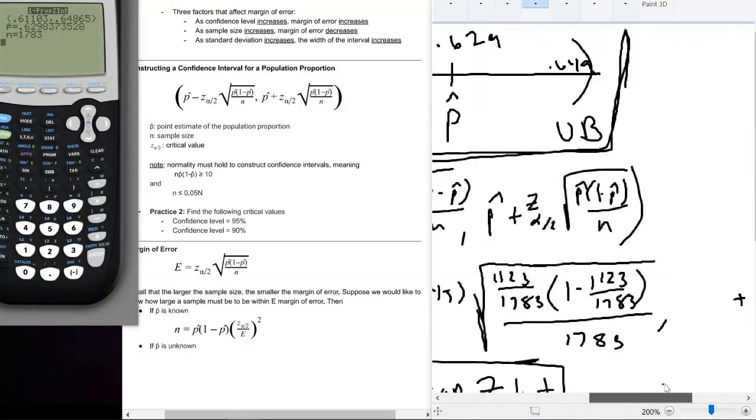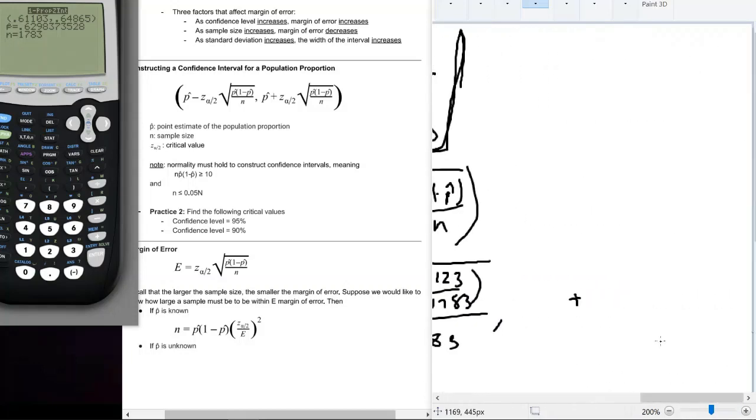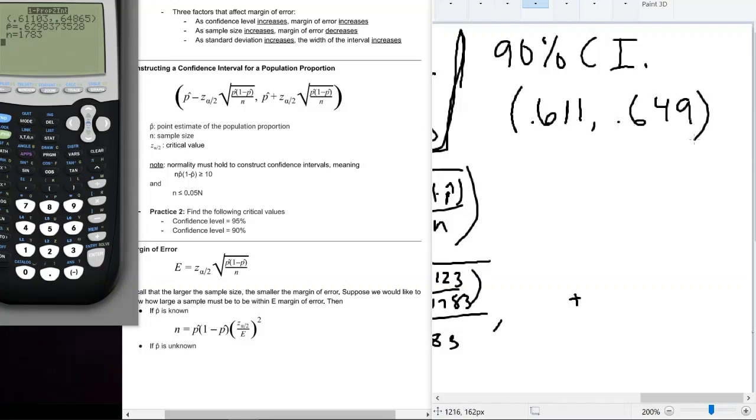So finishing off this problem, the 90% confidence interval will be 0.611 to 0.649.